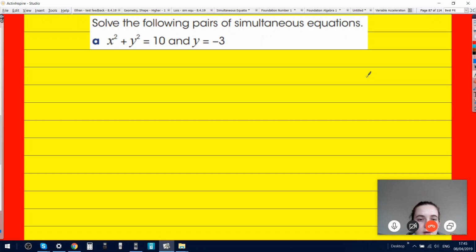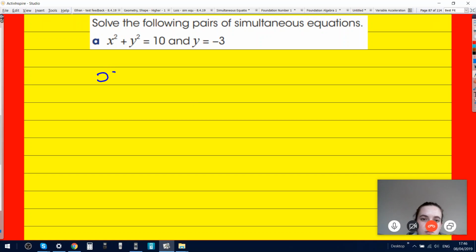Y squared equals 9. So then x equals 1. Okay.